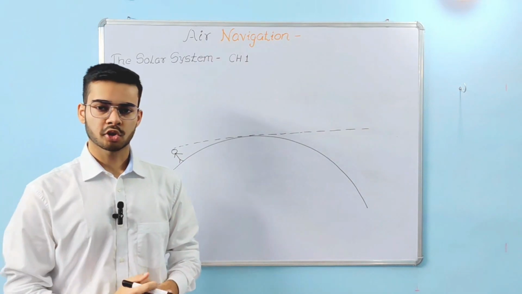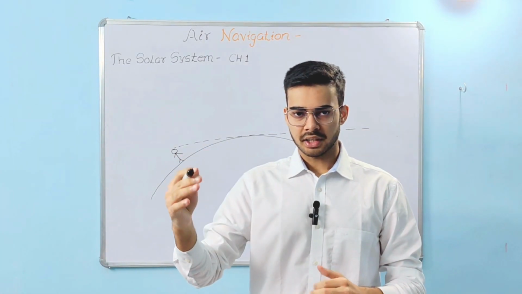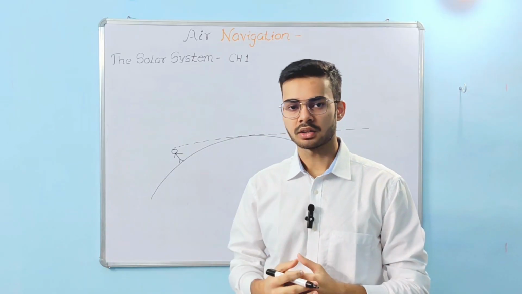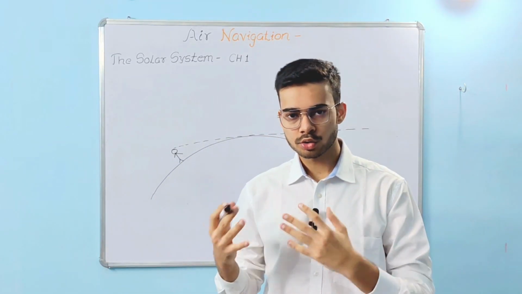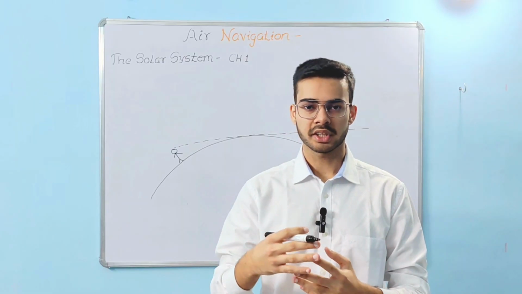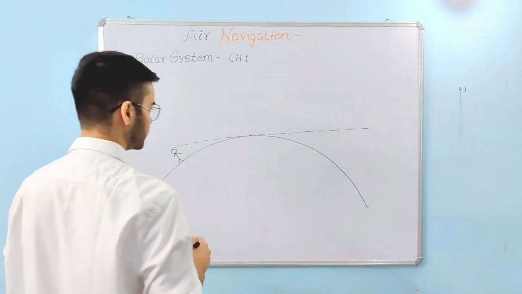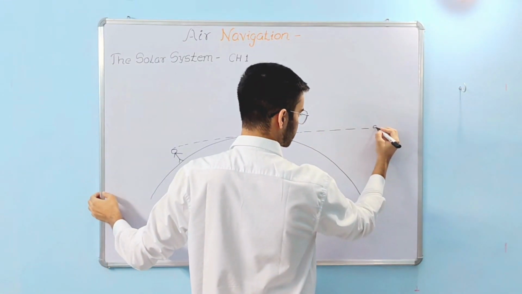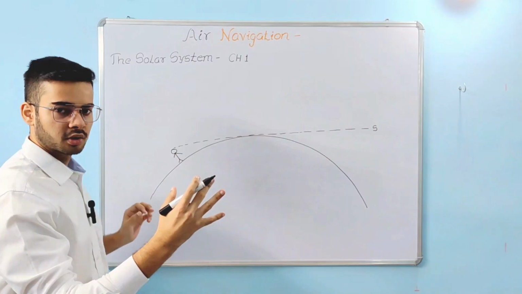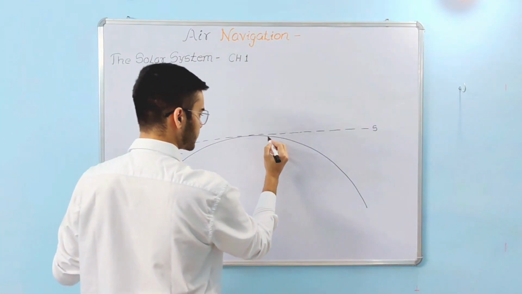And the concept of visible horizon says that the objects that are present beyond our sensible horizon, we can also observe because of the atmospheric refraction. So what will it mean if we draw it here? Let's say this is our sensible horizon. I'll write S. So our visible horizon will be affected by atmospheric refraction too, like this.